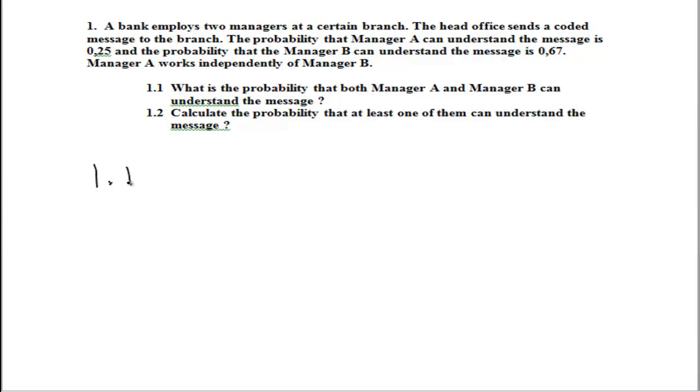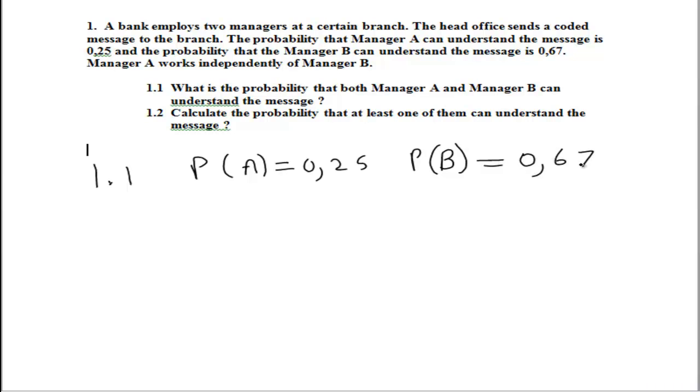What is the probability that manager A and manager B can understand the message? The probability that manager A understands the message is 0.25, and the probability that manager B can understand the message is 0.67. Now we are asking what is the probability that both the managers would understand the message.